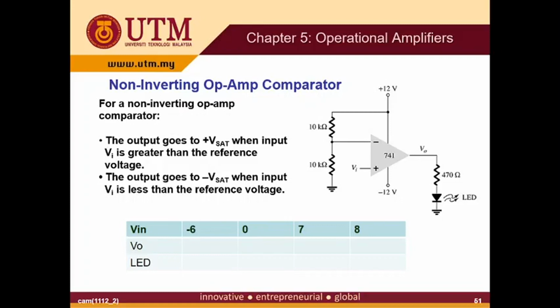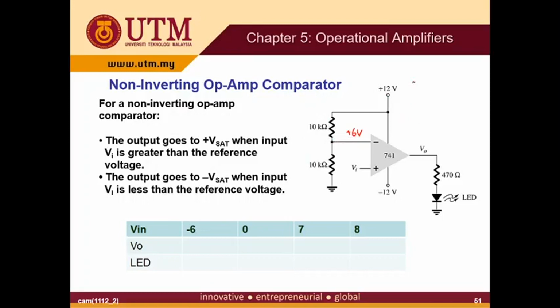For example, we want to supply a positive 6 volt here, but we only have a DC source of plus 12 volt. So what we can do is use two resistors to divide the 12 volt, and at the end we will have the positive 6 volt here.